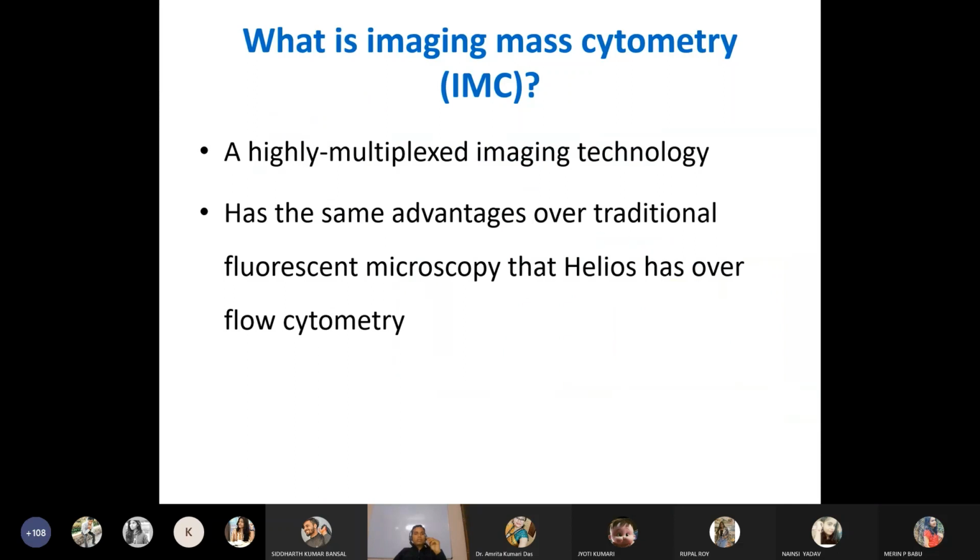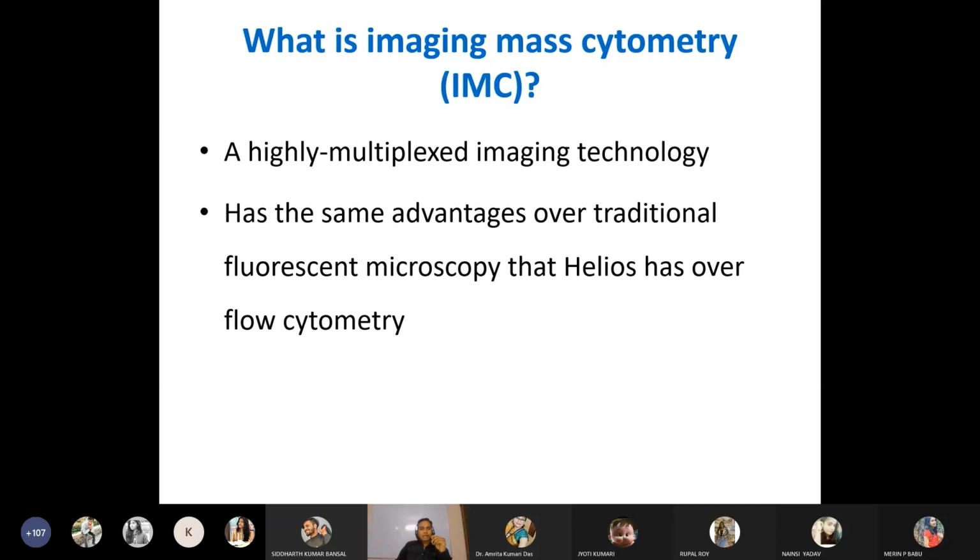So what is imaging mass cytometry? It is a highly complex imaging technology, quite newer than the rest of the methods. It was developed in 2014, and after 2014 there have been many modifications and improvements. Let's move through this technology.